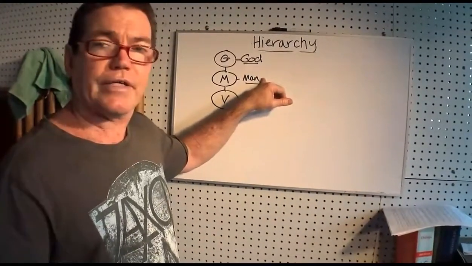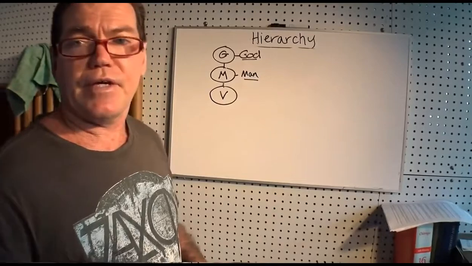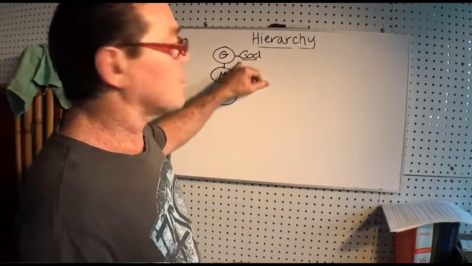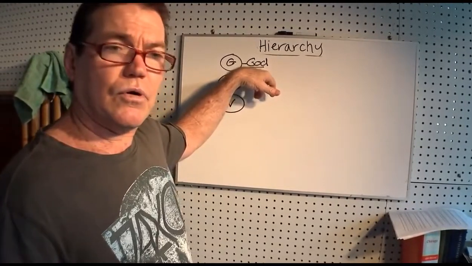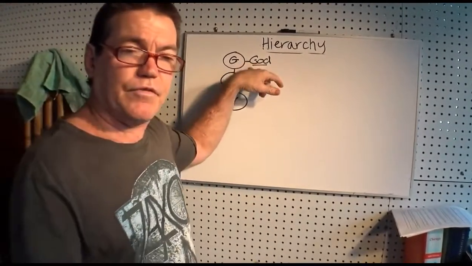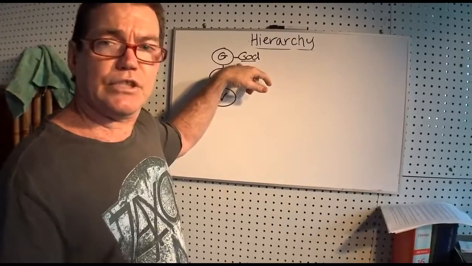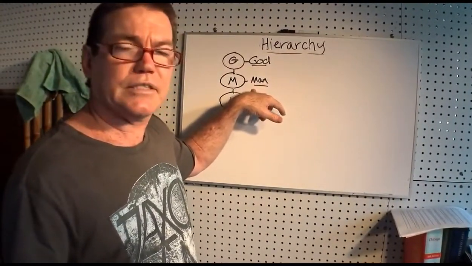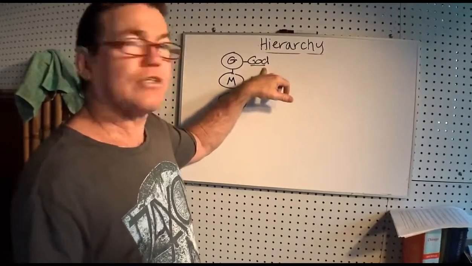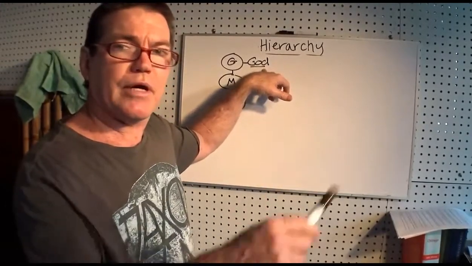So man was holding the legal title to God. God was the director, and this is still evident because when this God decides to have a volcano or create a massive earthquake or create a massive storm, there's not much that man can do about it. That's the fury of God.